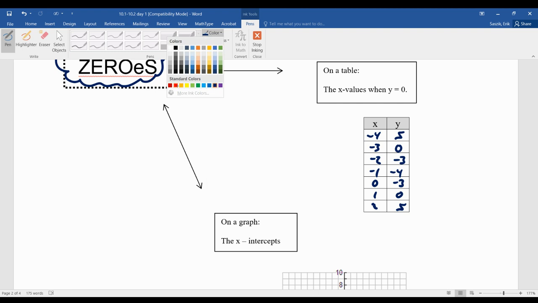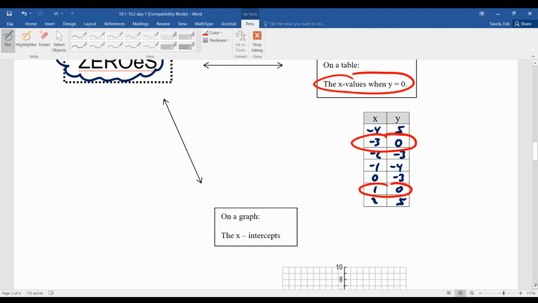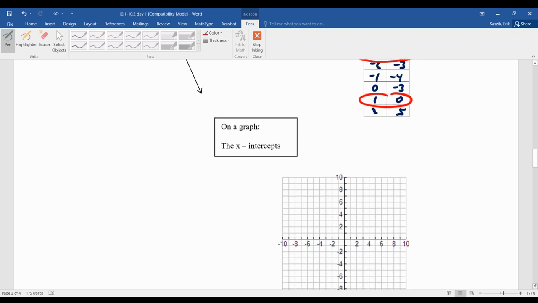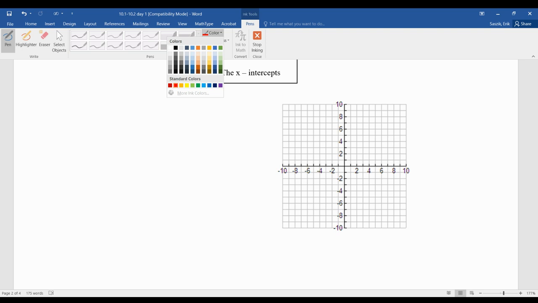If I saw that, I would just look, boom, my zeros would be -3 and 1, because that's where, see here, it says the x values when y is 0. So my solutions are x equals -3, x equals 1. Okay? And then, of course, if you had a graph, you would just look at it. It's really quick and painless.